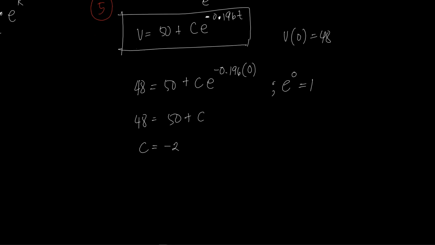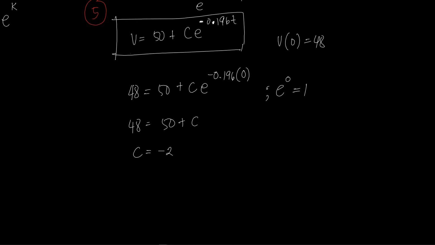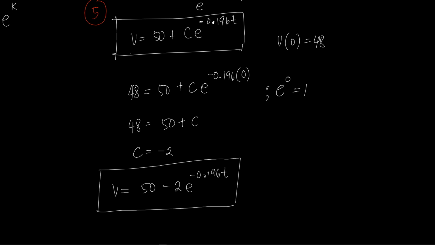Then, our actual solution for the IVP, kung naghatag siya og initial value, ang atong actual solution would be V is equal to 50 plus, minus 2 e raised to the power of negative 0.196 t. Okay, this is the actual solution.